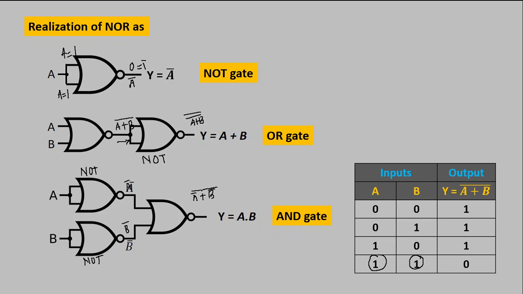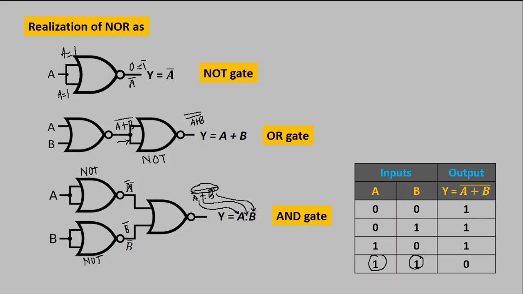Then when there is a complement, that is when there is a negation outside any particular logic, then this negation is going to change the operations between any two logics. So therefore here this plus, that is an OR gate, will be replaced by dot, that is an AND gate, and A complement is replaced by A and B complement is replaced by B because of this complement sign.